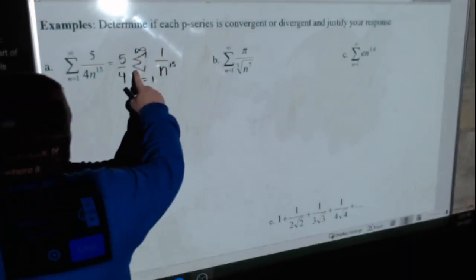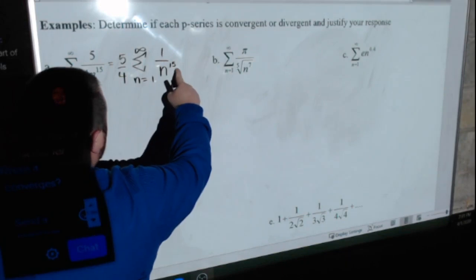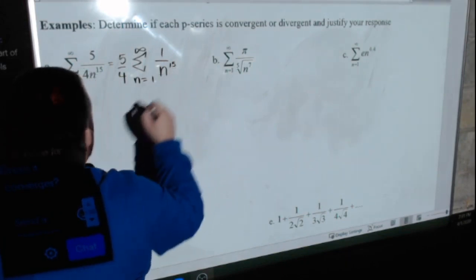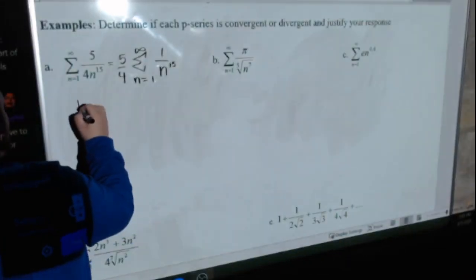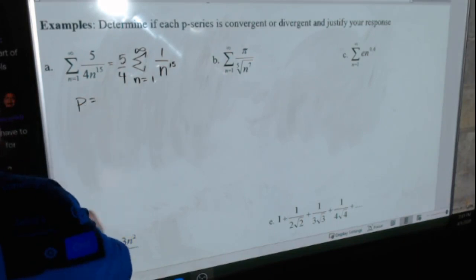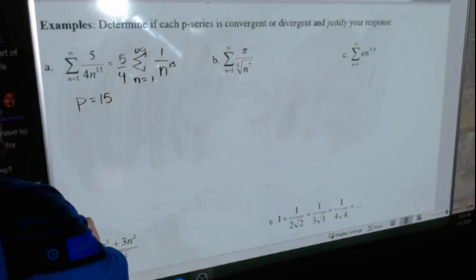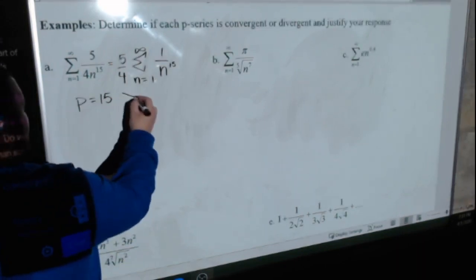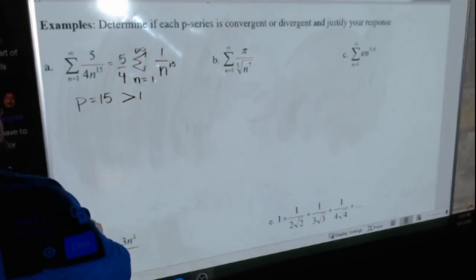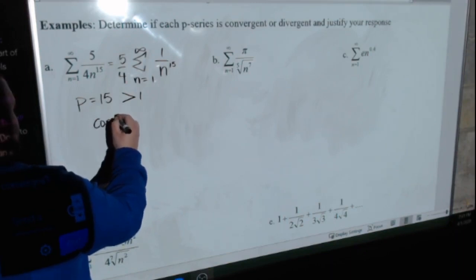So I have the sum of 1 over n to the 15th. That is a p series where p is equal to 15. That number is obviously greater than 1, so it converges.